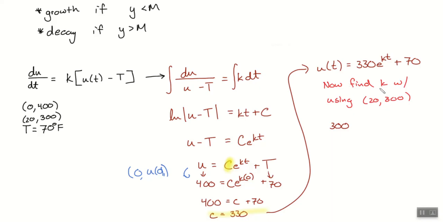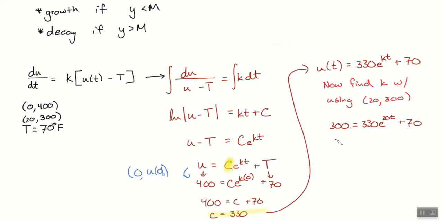We will do that here in a minute, but we need to get this K value first. So using 300, it equals what? 330 e to the how many t? To the 20t plus 70. Okay. Let's kick through this. We're going to see that it's not nice, but we don't need to round 10 decimals and write them down every time. We can just do it once. Help me solve. What do you want to do?